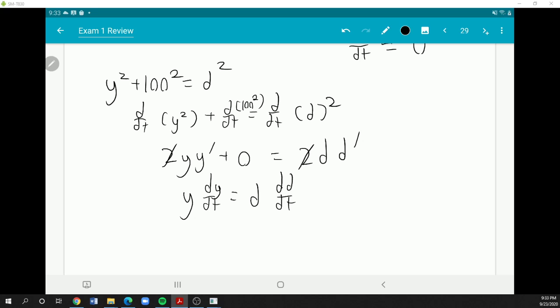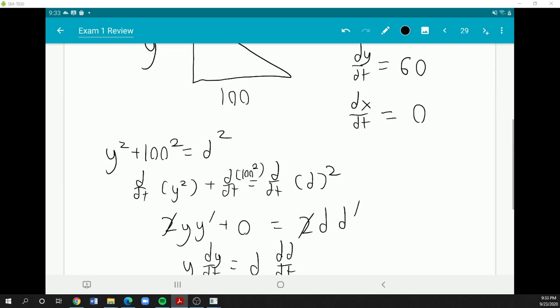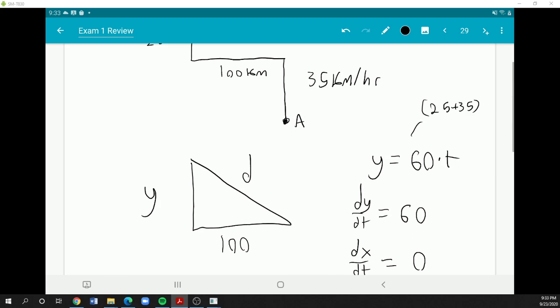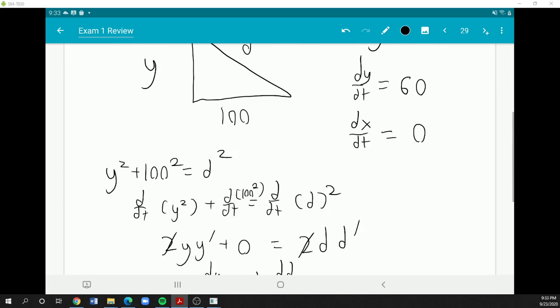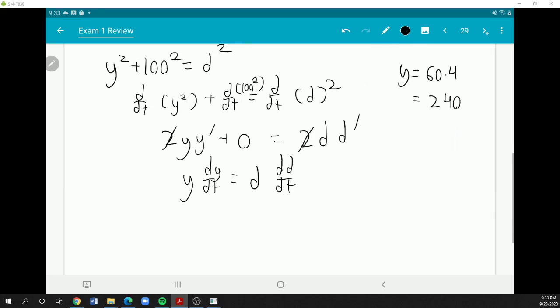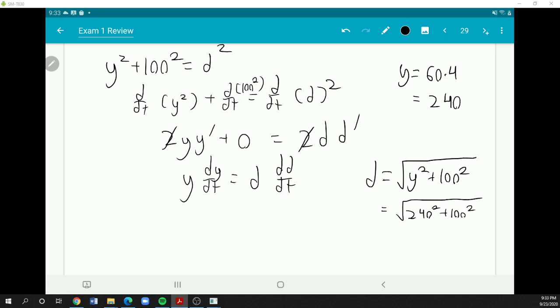So now I have to go back and see what's y and what's d. So at 4 p.m., 4 hours have passed. So y is equal to 60 times 4 is 240. At that time, d is going to be the square root of y squared plus 100 squared, equals the square root of 240 squared plus 100 squared.